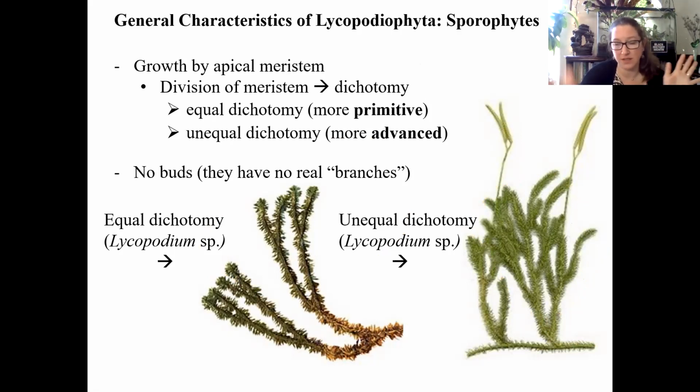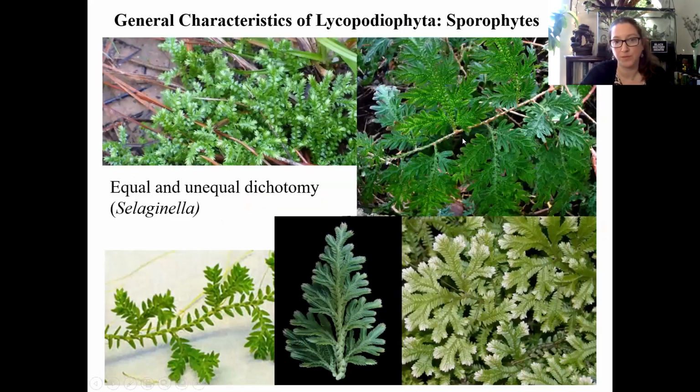Just as a stylistic thing, there's no buds yet. We will talk about buds later. So these don't have real branches, so they're still relatively simple plants. Don't worry too much about that. Remember I said in the lycopods you have the equal and then unequal.